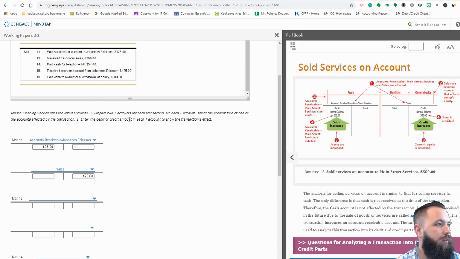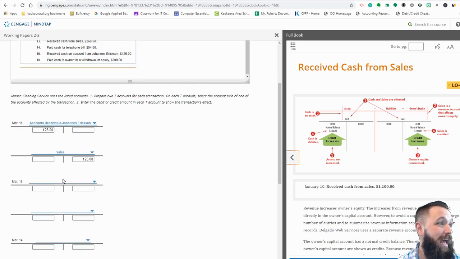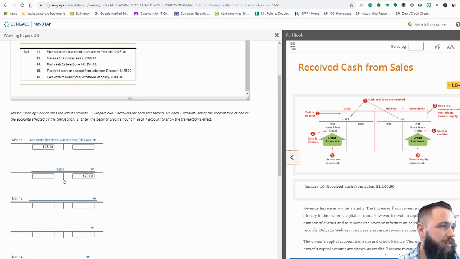Okay, 13. Received cash from sales. Go back 1. We still have this, okay? I want you to refer to this. It's not cheating or anything. I want you to look at it and remember it. Put in the work now so then you remember it later. So we received cash from sales. What's the first thing that's going to be affected?